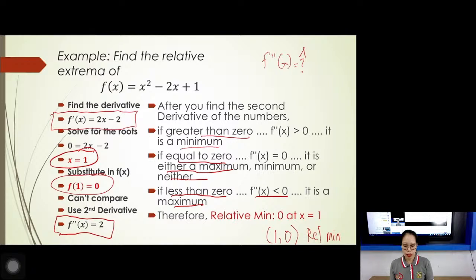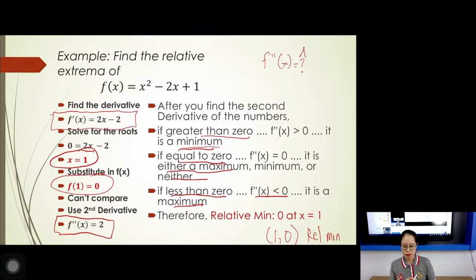Remember, if the second derivative is greater than 0, it is minimum. If it is less than 0, it is maximum. If it is 0, then we cannot decide; it's either or neither, max or min.